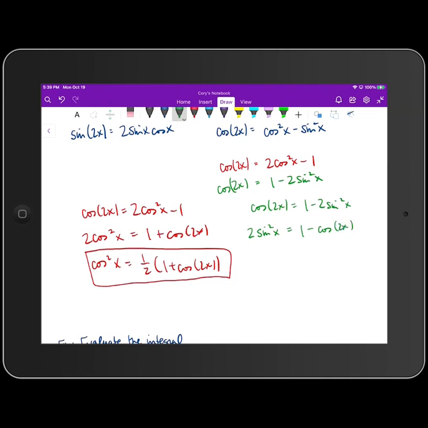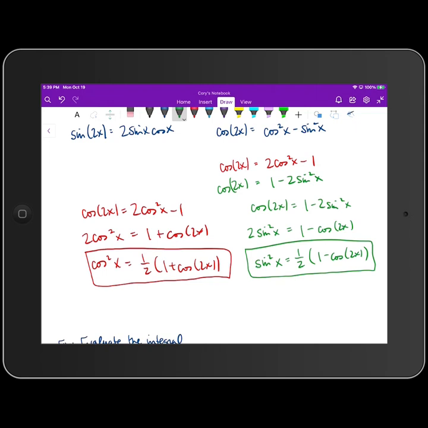And then again, I'm going to multiply both sides by 1/2 or divide both sides by 2. So that gives us the sine squared of x equal to 1/2 times the quantity, 1 minus the cosine of 2x. Okay, and that's the second equation that we're going to need to know for this section.